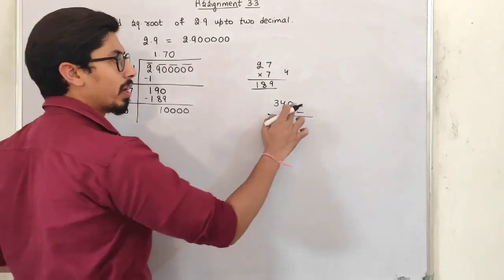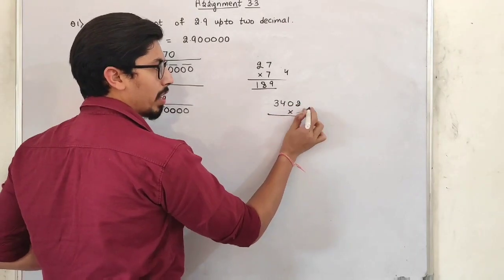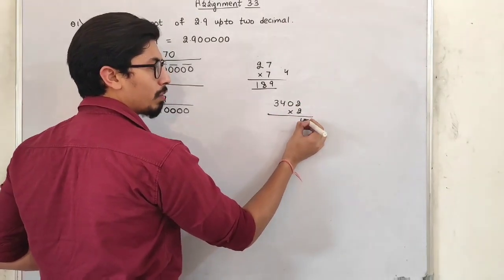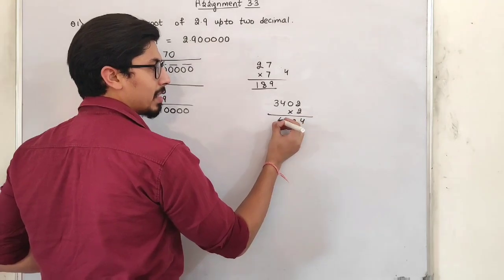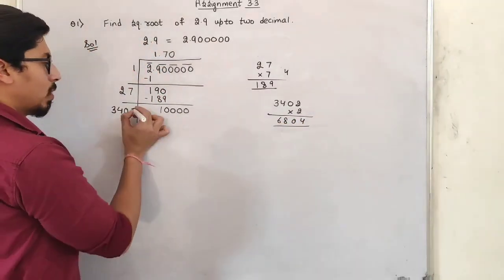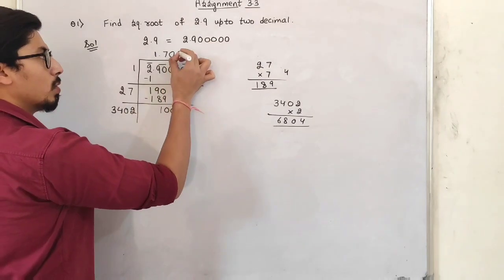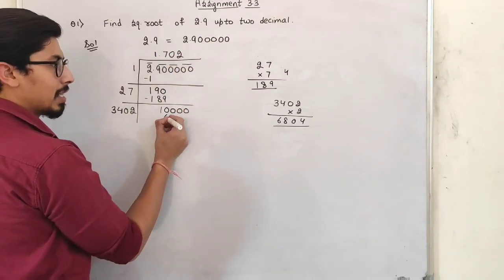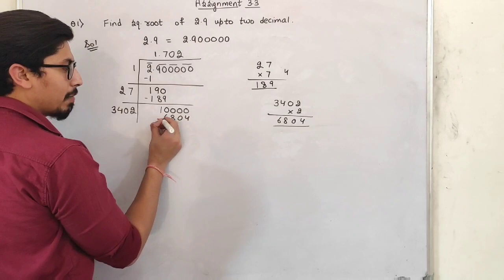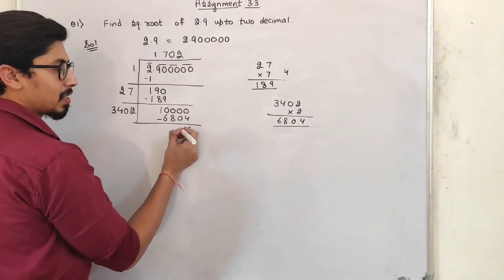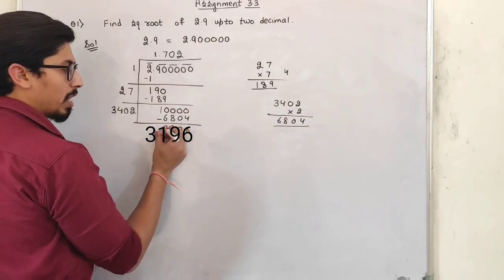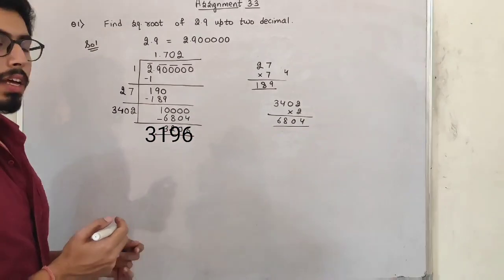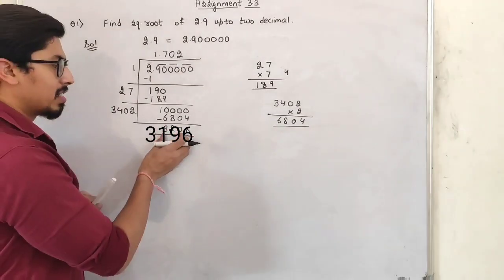If I take 2 here, it will be 2 into 4, 0, 8, 6. So I will write 2 and 2, and it will be 6, 8, 0, 4. If I subtract, then it will be 6, 0, 2, 3. So this is our remainder.